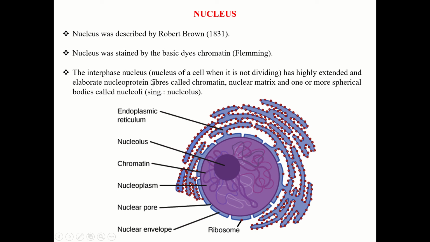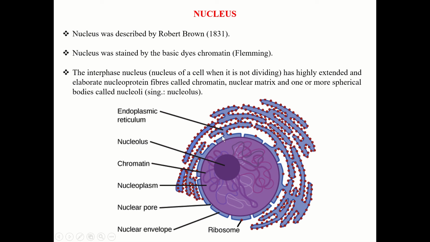The interphase nucleus, that is the nucleus of a cell when it is not dividing, has highly extended and elaborate nucleoprotein fibers called chromatin, nuclear matrix, and one or more spherical bodies called nucleoli; singular is nucleolus and plural is nucleoli.